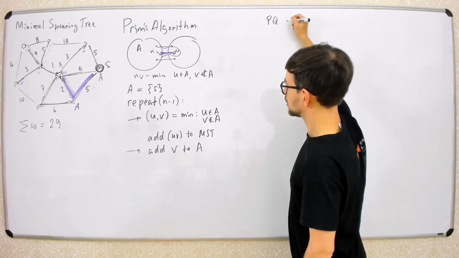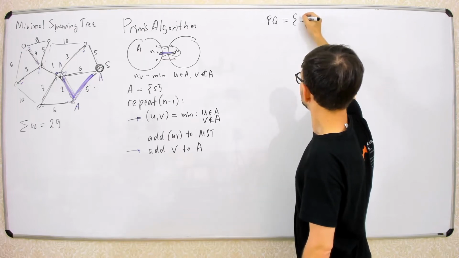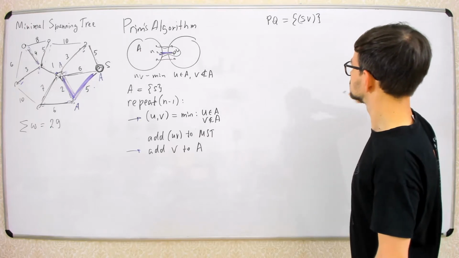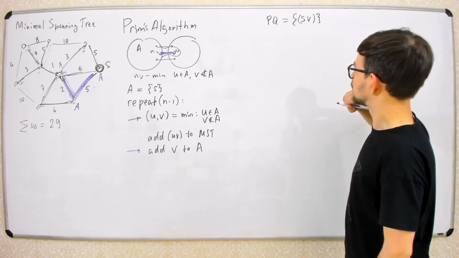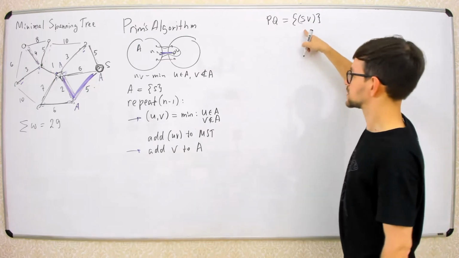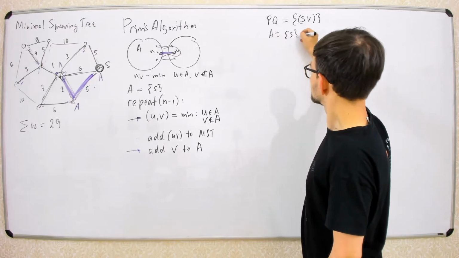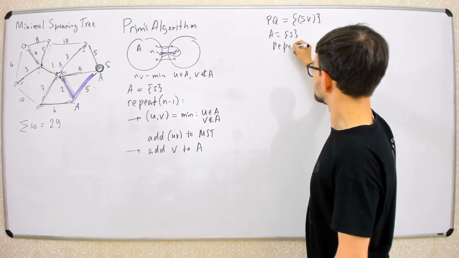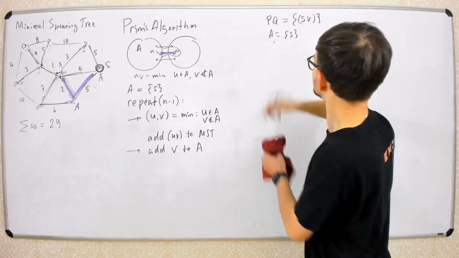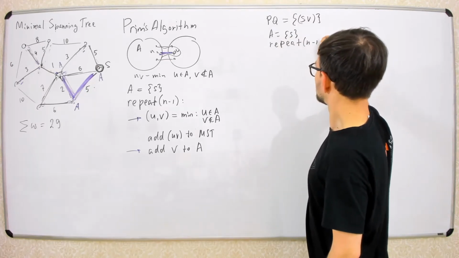It will contain all the edges from S to V. All edges going from S to V. Now again, A is just S. Now we just again repeat n minus 1 times the following operation.